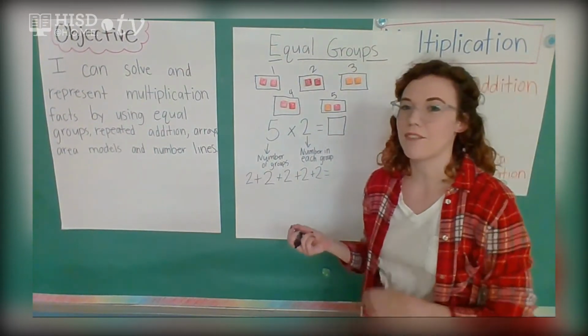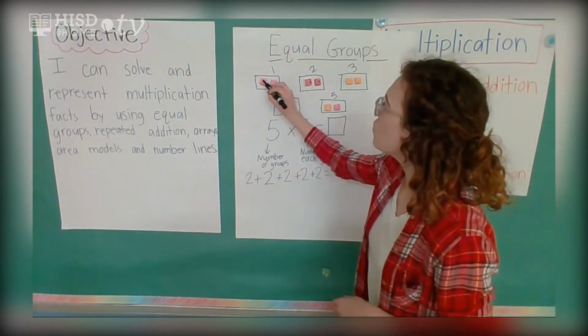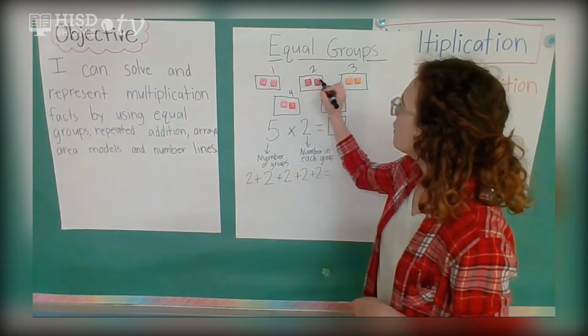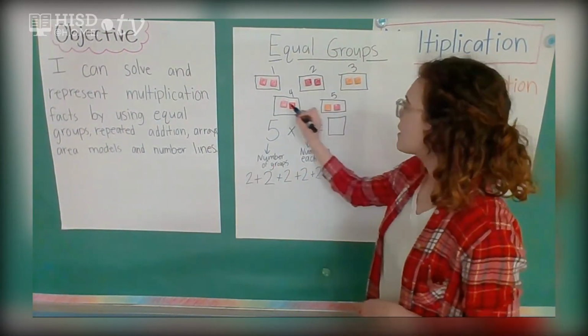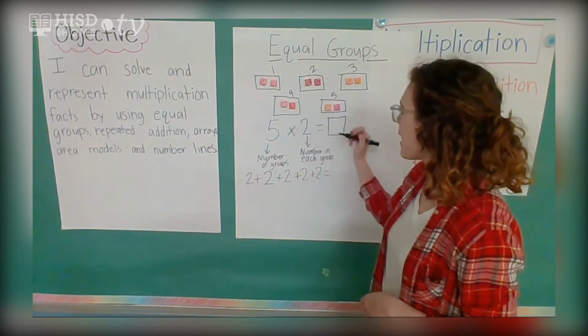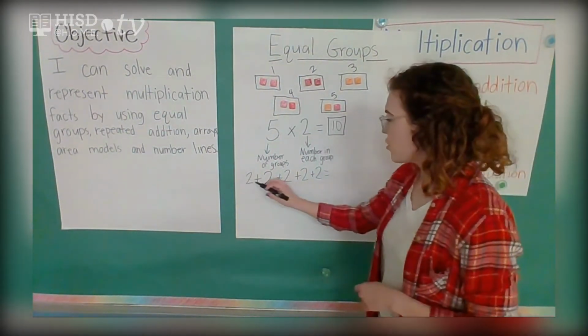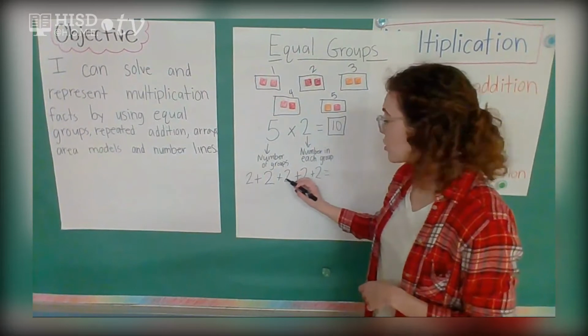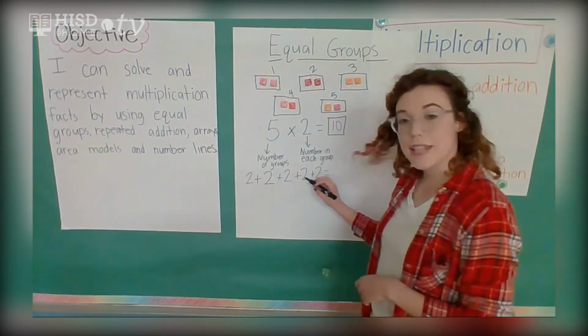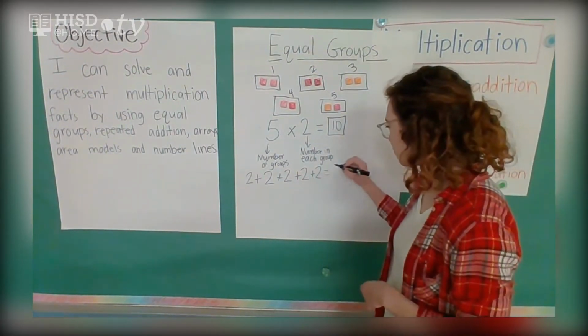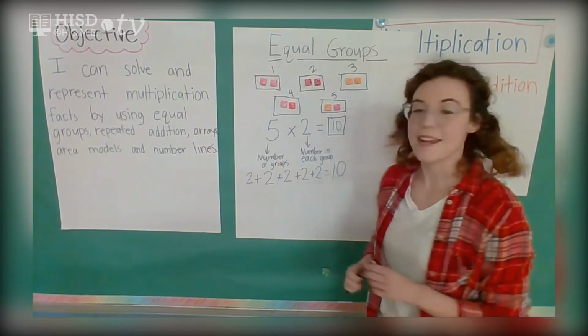But we'll save skip counting for later. So I have 1, 2, 3, 4, 5, 6, 7, 8, 9, 10. So I have a total of 10. And 2 plus 2 is 4, plus 2 is 6, plus 2 is 8, plus 2 is 10. I have 10 starbursts.